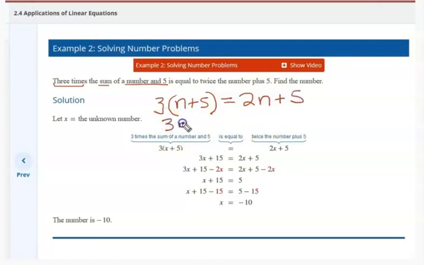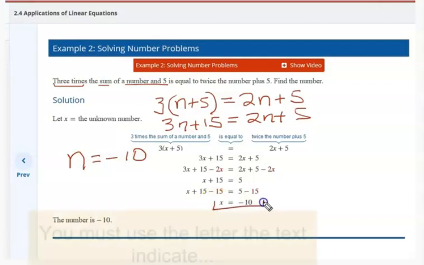So this is 3n plus 15 equals 2n plus 5. We're getting rid of our parentheses. I'm going to transpose the 2n to this side, where it becomes a negative 2n. So that leaves me with just a plain n. I'm going to transpose the positive 15 to this side, where it becomes a negative 15, and 5 gives us a negative 10.